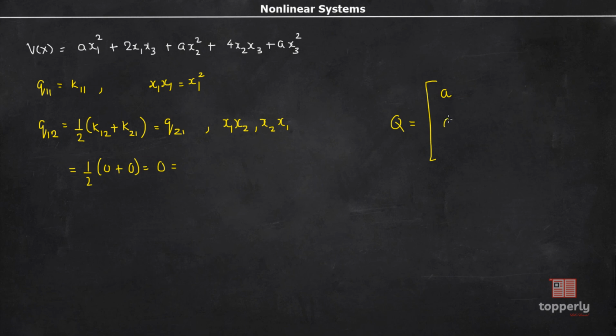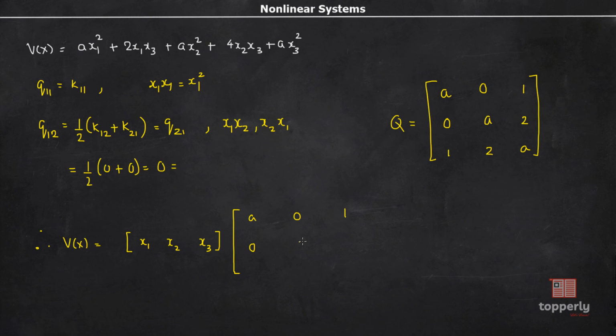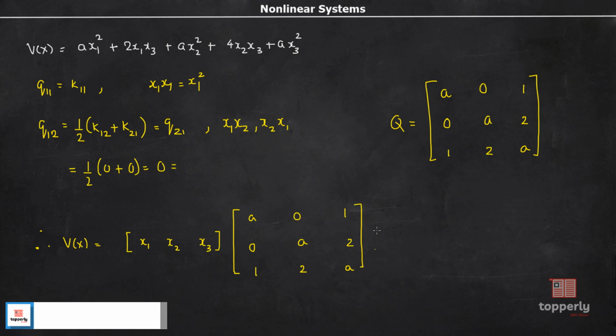Similarly, if we check for all the elements, the matrix Q comes out as a, 0, 1, 0, a, 2, 1, 2, a. Therefore, we can write V of x as x1, x2, x3 into Q, which is a, 0, 1, 0, a, 2, 1, 2, a, into x1, x2, x3.